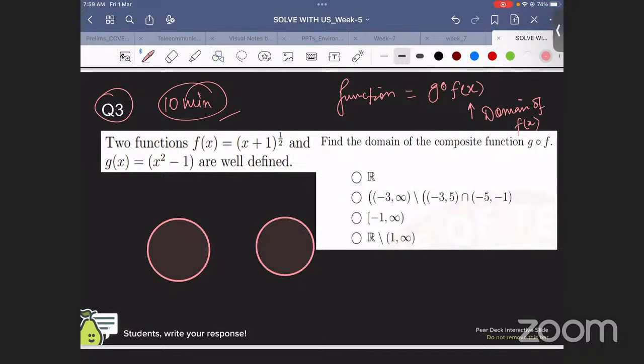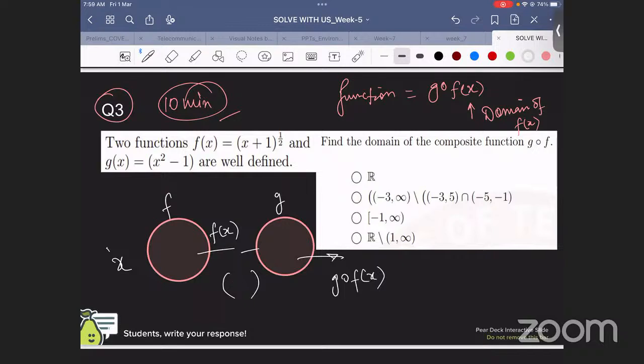For example, this is x going into f, and we're left with f of x. Then this is the domain that you're putting into g of x, so this is f of x and this is g of f of x. This is the f function, this is the g function, and then you're left with g of f.